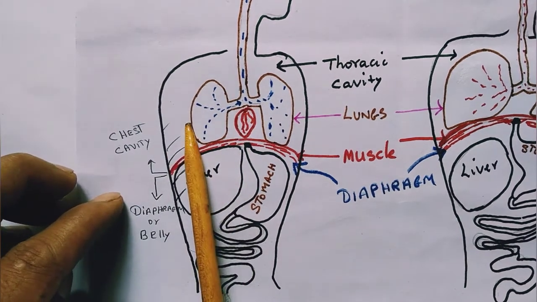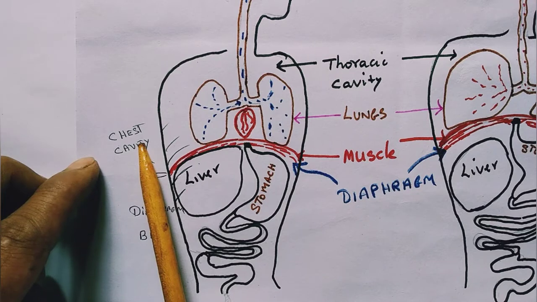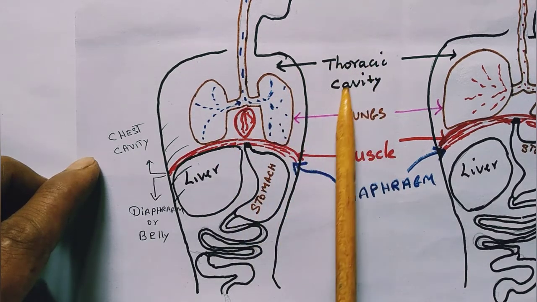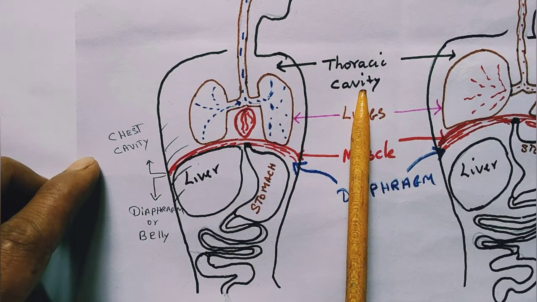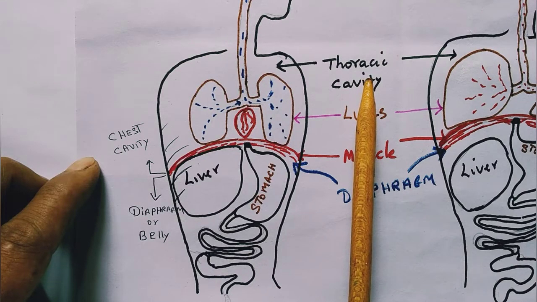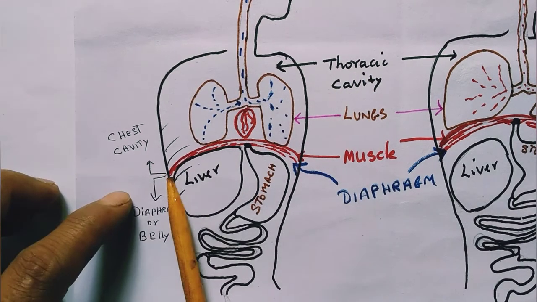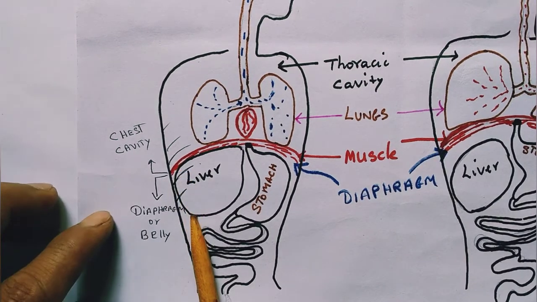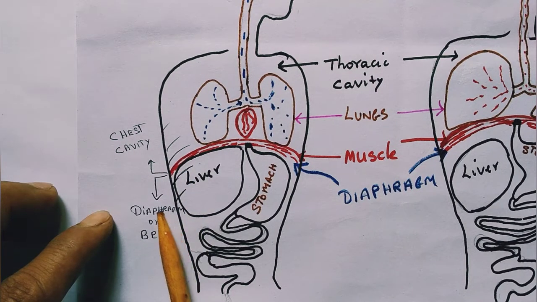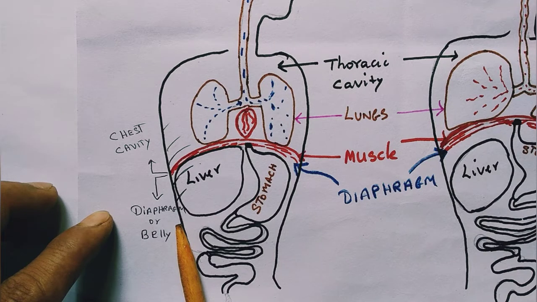The upper part is called the chest cavity or the thoracic cavity. Thoracic cavity or chest cavity means the same thing. Cavity means a room or a pit. And the region below this is called the diaphragm or the belly.